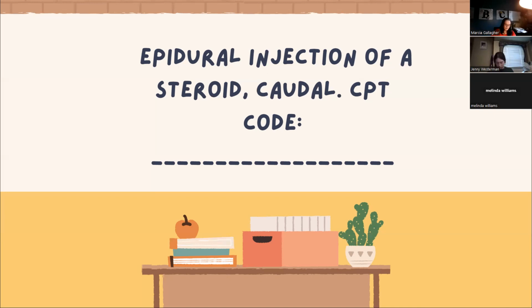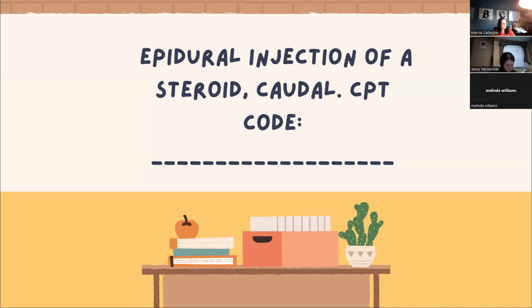62320. I found it on page 474. So 62320 says injection of diagnostic or therapeutic substance, anesthetic, opioid, steroid, other solution not including neurolytic substances, including needle or catheter placement, epidural, cervical thoracic.